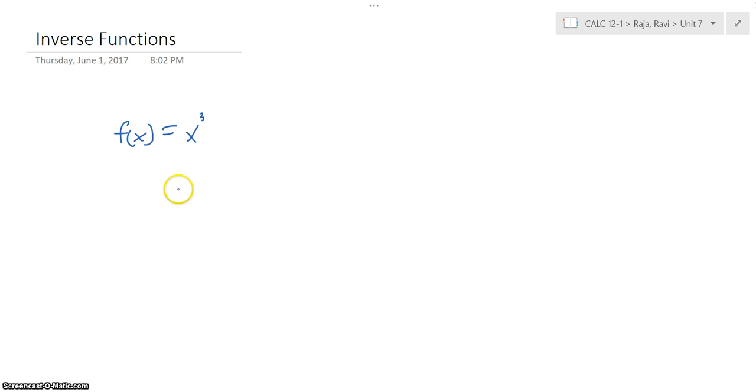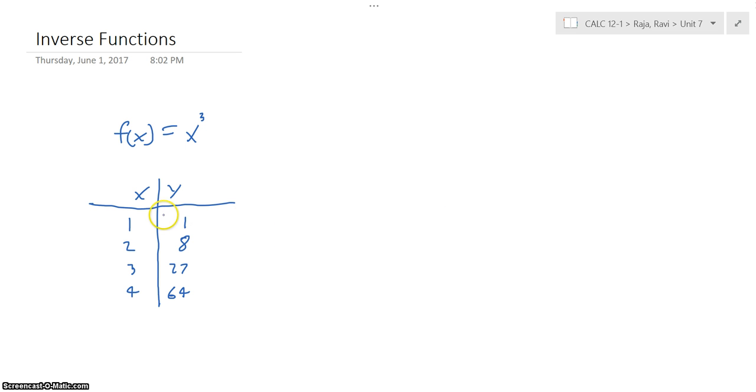write out just a quick table of values. When x is equal to 1, y is also 1, of course, because 1 cubed is 1. And when x is equal to 2, it's 8, 3, 27, 4, 64, and so on.